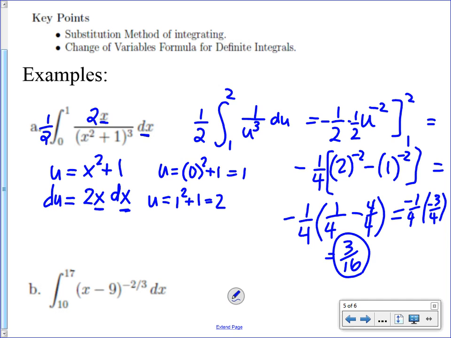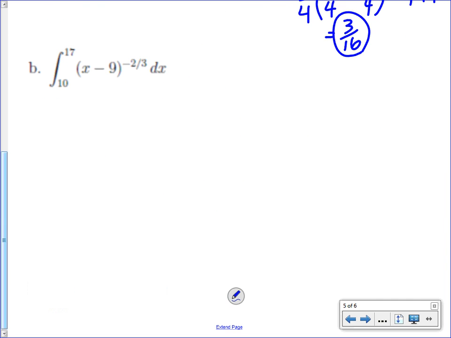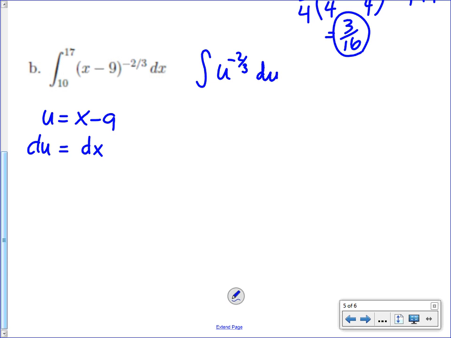All right, one more example of u substitution. So here we're going to set u equal to x minus 9 because it is inside the parentheses, or it is raised to the power. We're going to find the derivative, which is going to be 1 times dx. We're going to do our u substitution. So this will become the integral of u to the negative 2/3 du.